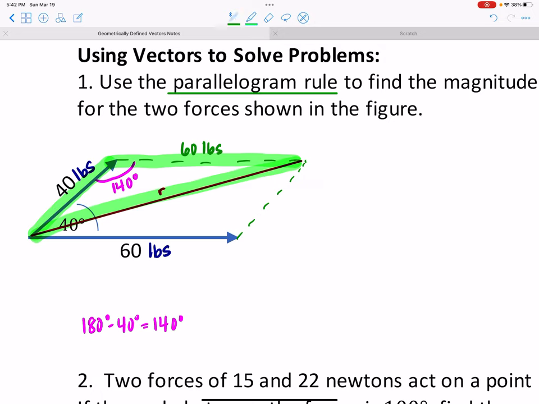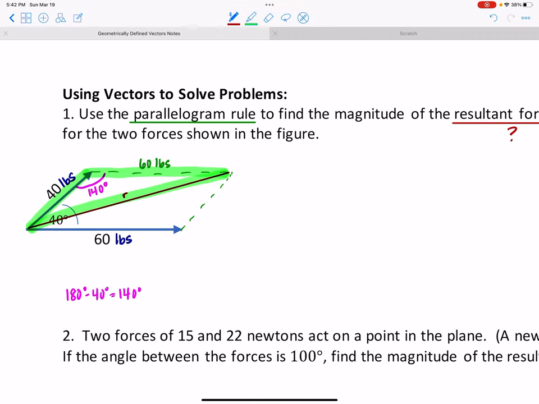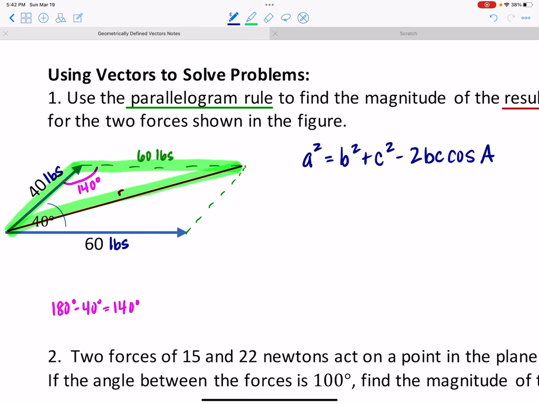So let's do it. I'm just going to pick a version of the law of cosines. So let's say we had a squared equal to b squared plus c squared minus 2bc times the cosine of A. Because I have different variables, or actually only one variable in my picture, but this is the angle that we have.